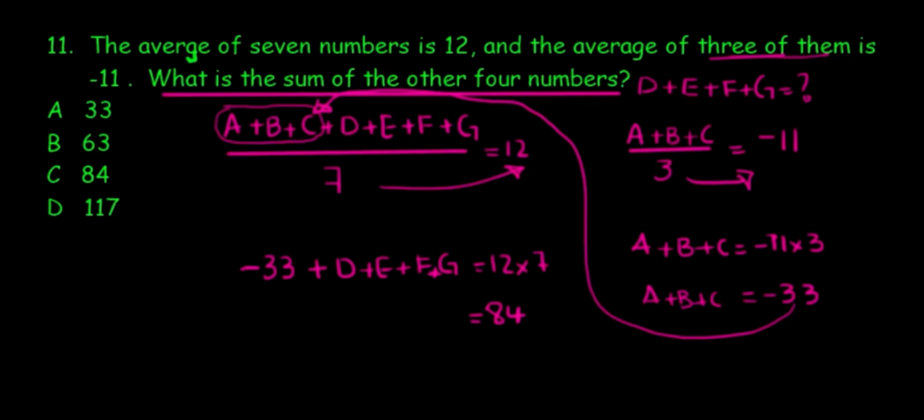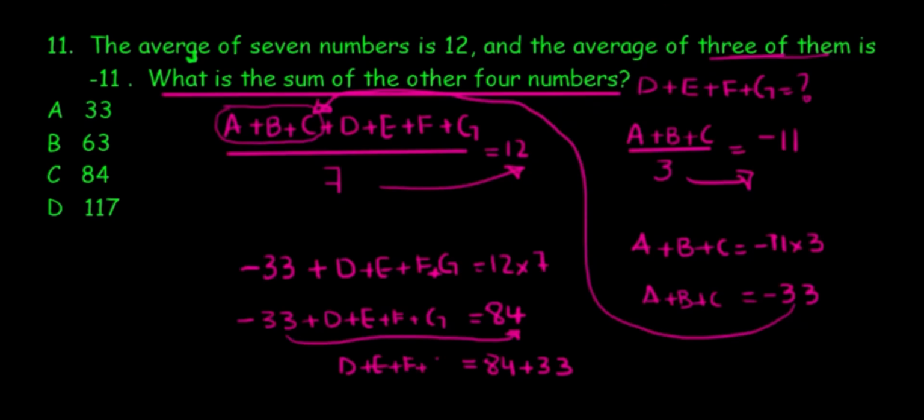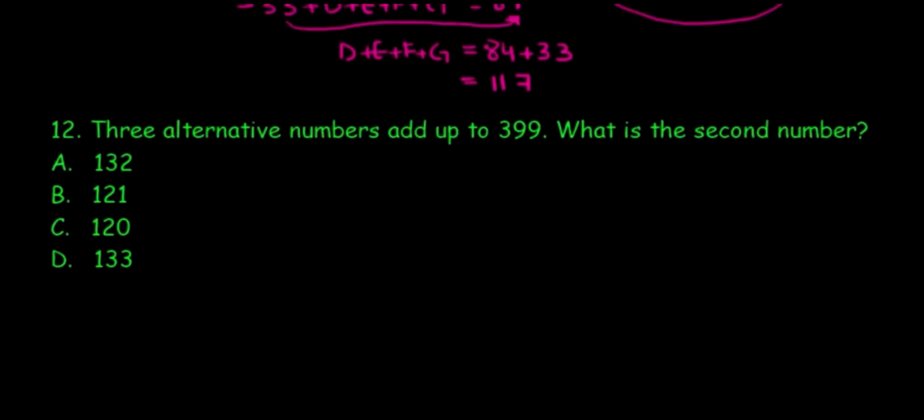I have negative 33, plus D, plus E, plus F, plus G. Let's take the 33 to the other side as well. That is 84 plus 33. So D, E, F, and G all add up to give me, what's the sum of them? 84 and 33, 117. 117 is my answer. Option D is my answer. So that's that. Let's move on to the next question.